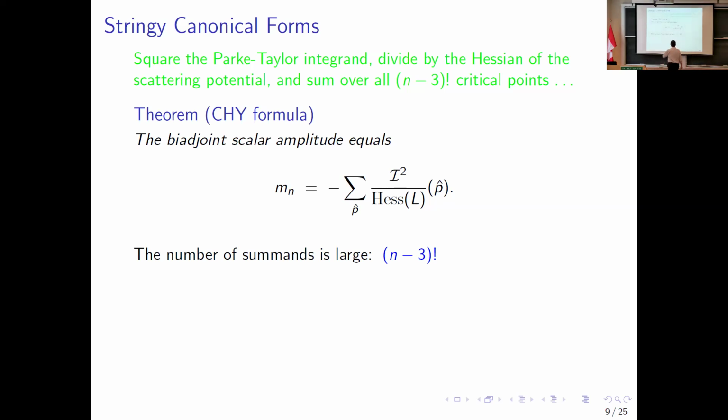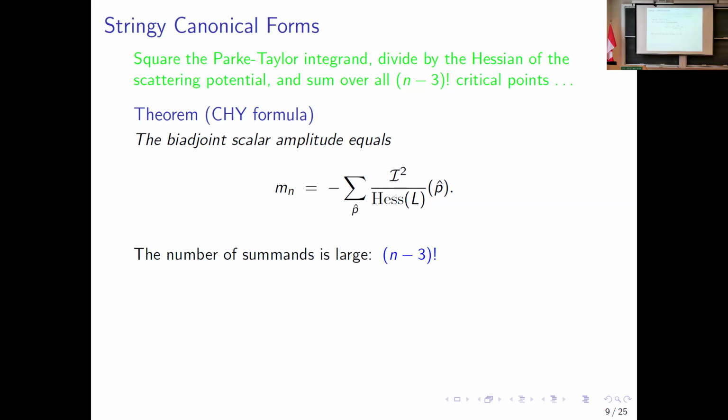Then here we're summing over all critical points. So p hat is the sum over all critical points. And here we have a nice rational function, also squared. So I was the Parke-Taylor factor. And then the Hessian of the likelihood function, this is the determinant of the matrix of second derivatives. It's another rational function. You plug in every critical point and you add them up.